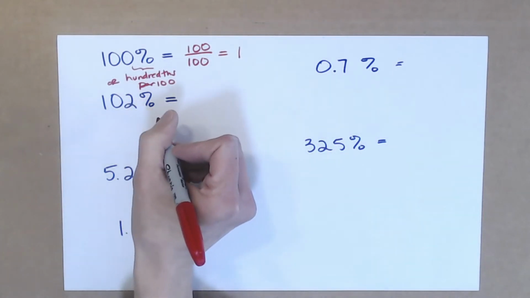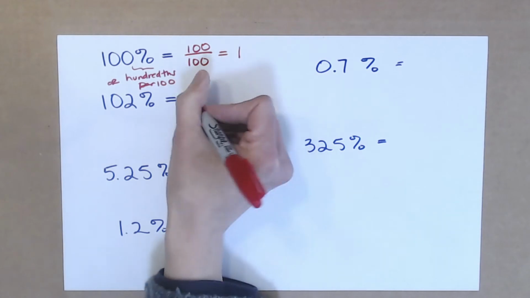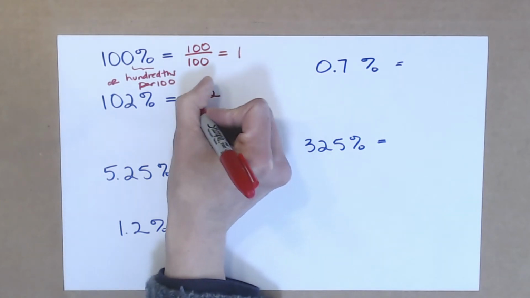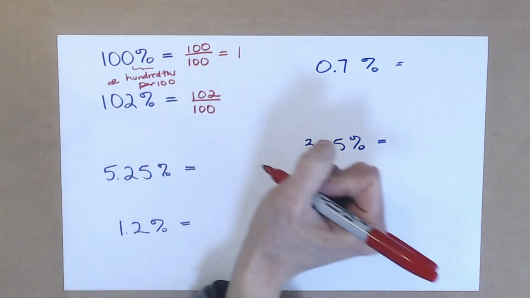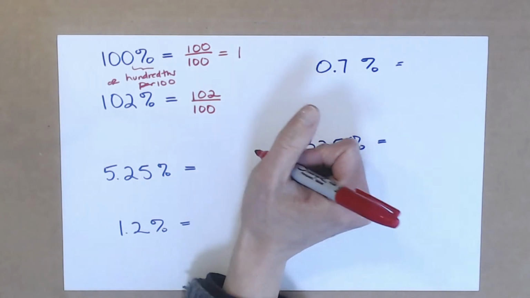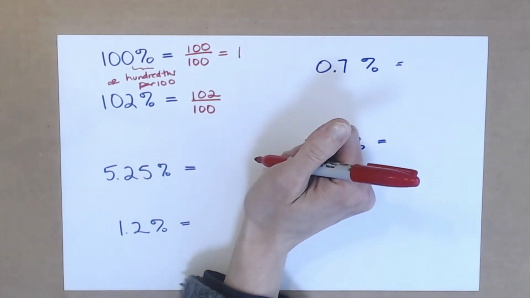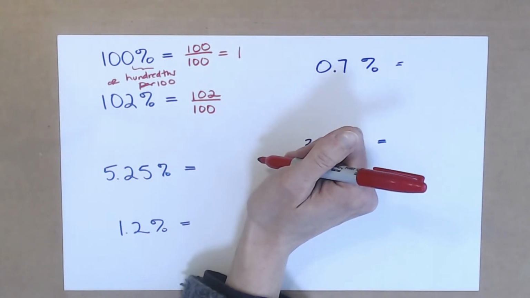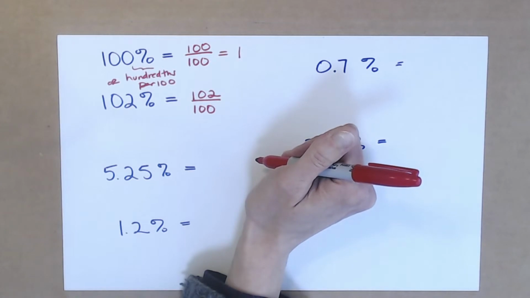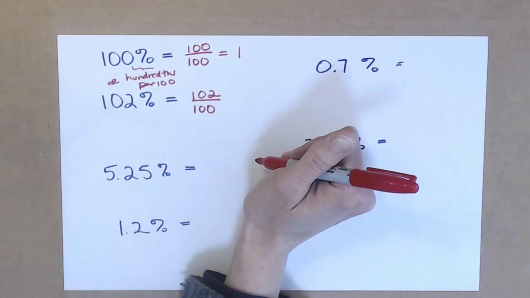This next one, 102%, we can use the same idea of thinking of that fraction first, thinking of it as 102 hundredths. Now, we are dividing by 100. And we should remember that when you divide a number by 100, you just move the decimal point two places to the left.